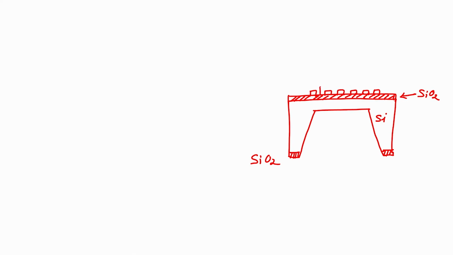On the heater, I will have an insulating material. On the insulating material, I will have interdigitated electrodes, and on the interdigitated electrodes, I will have a sensing layer.